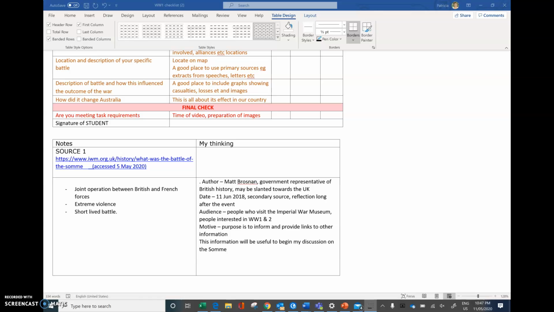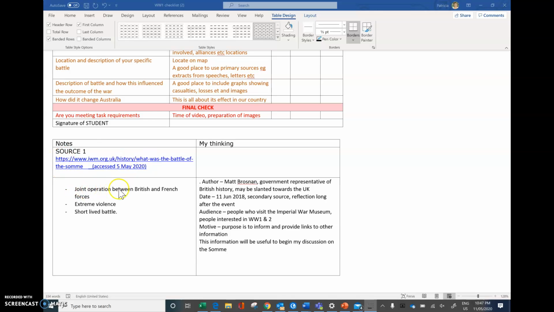At the bottom of this checklist on my copy, I've put up an idea of what an A student would be doing with these notes. Okay, this is your scaffold. This is your normal heading, notes, my thinking, source 1. Usually the source goes in this space.